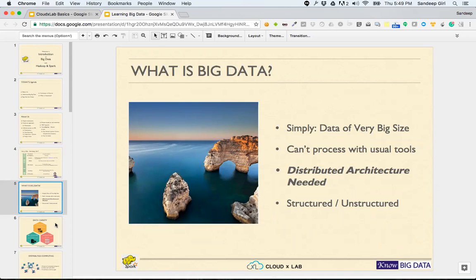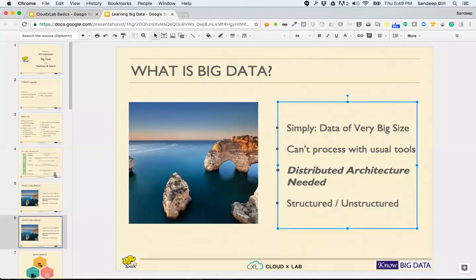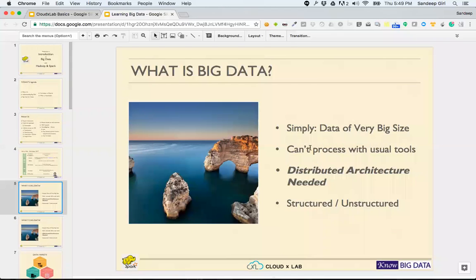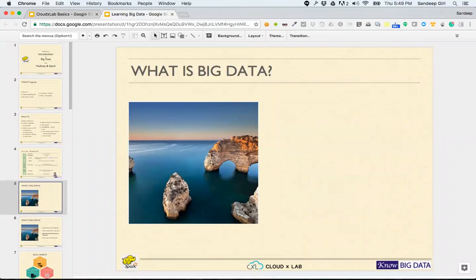All right. So let's start with the simple question: what is big data? What is it that you understand by big data? Yes. So what's your definition? Let me remove the slide. Okay. I'm just going to remove this slide. So what is your definition of big data?